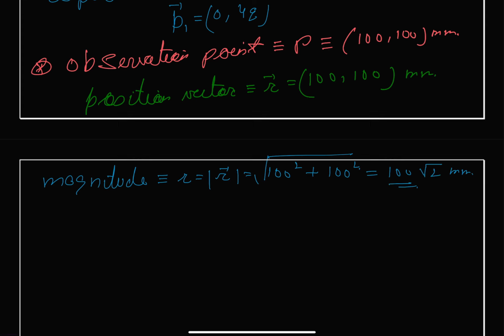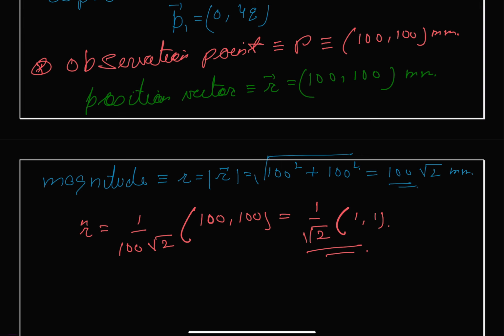We can also find the unit vector because that will be required. So R unit vector will be equal to 1 upon square root of 2 times (1, 1). So this is a unit vector.